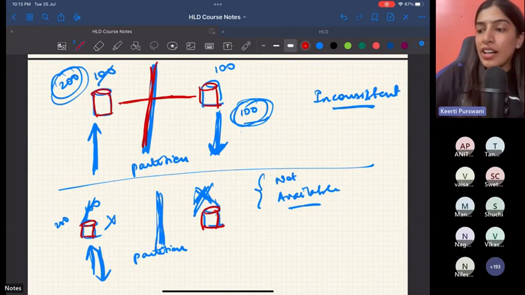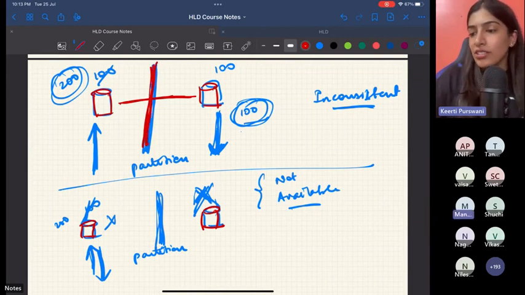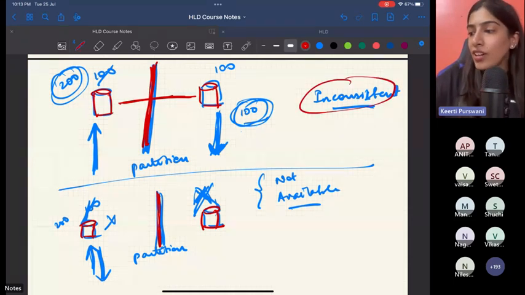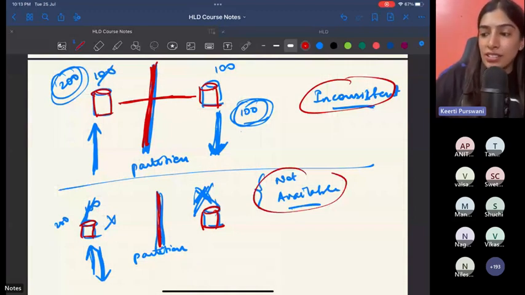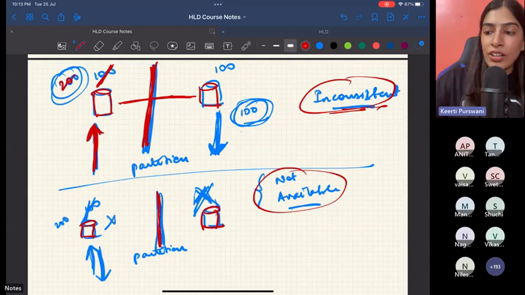Now they are not able to communicate with each other, say because of some network failure. I am saying that in one case data will not be consistent and in one case it will not be available. Why is it inconsistent? Suppose the write happened over here and the data was updated from 100 to 200, but the read happened over here.